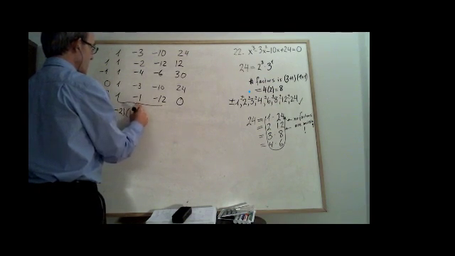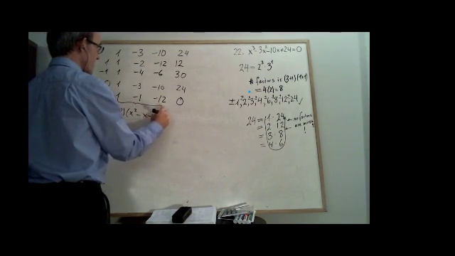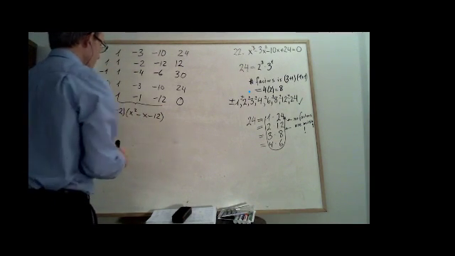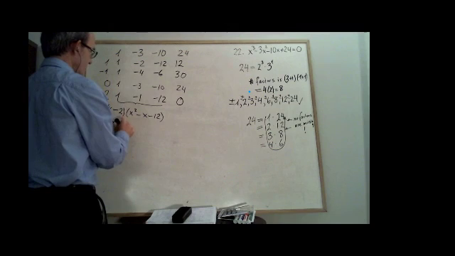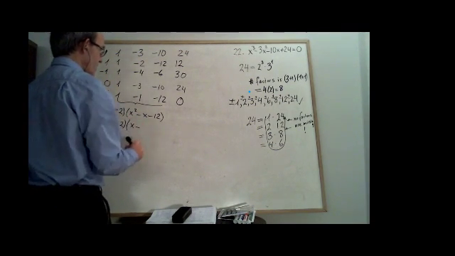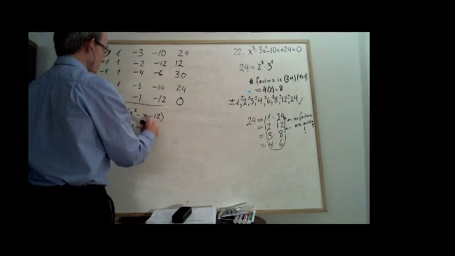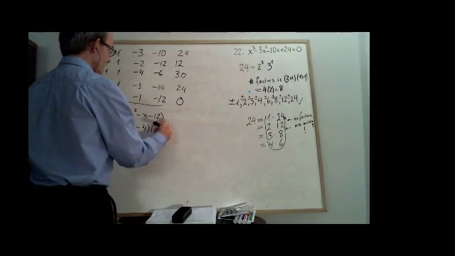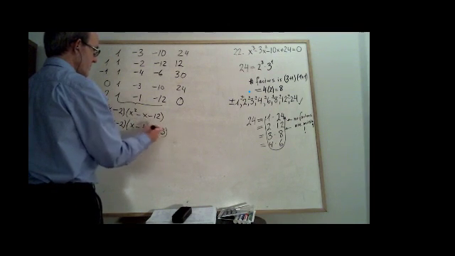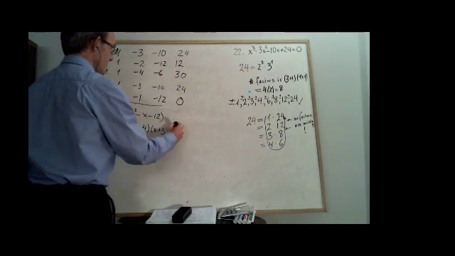So x squared minus x minus 12. And then let's try factoring that. Well, that can be done using our Math 101 methods. It's just x minus 4, x plus 3. And you can check, minus 4 plus 3 is minus 1. 3 times minus 4 is minus 12. We're done.